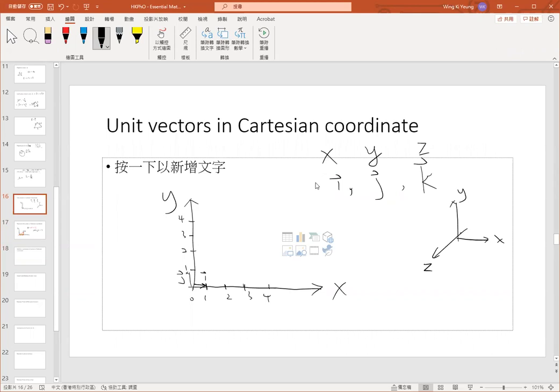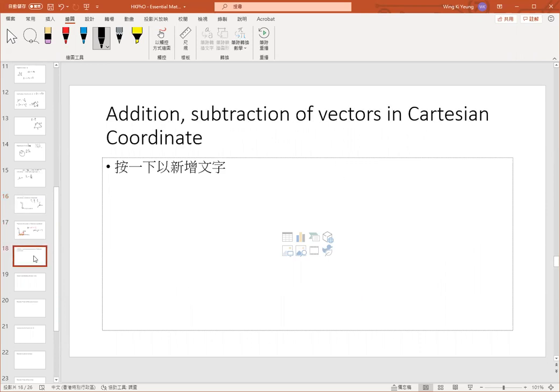So the x, y, z axes are mutually perpendicular to each other. Can you think about it? We are living in a 3D space. So then let's move on.